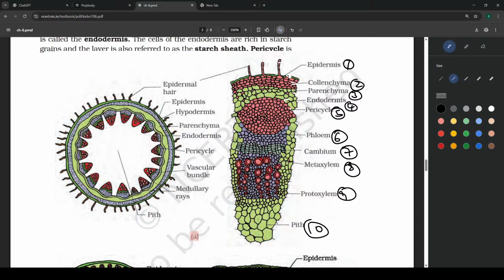There is a hypodermis here, below the epidermis. Then parenchyma, endodermis, pericycle, vascular bundle, and medullary rays.